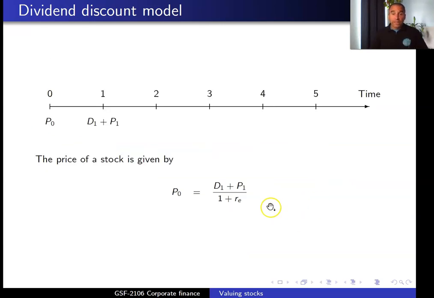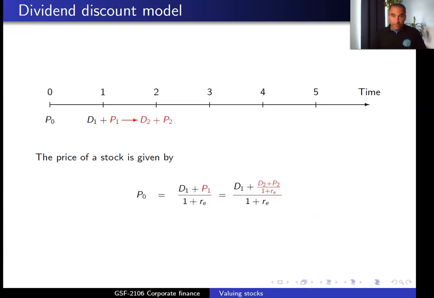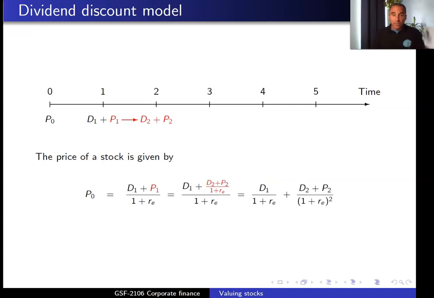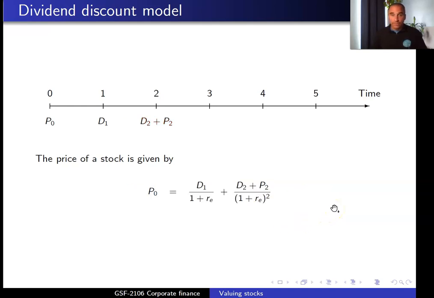So the price of a stock is given by next dividend plus next price over 1 plus RE. If we expect to hold the stock for 2 years, it's equal to the next dividend plus the dividend at time 2 years from now, plus the expected price 2 years from now, divided by 1 plus the discount rate to the power 2.